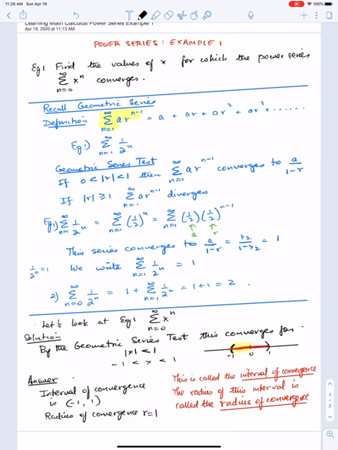It just came from the geometric series test. But the important thing is we learned a new phrase, interval of convergence. And what is that? It's where this power series will converge. And the radius of this interval is called the radius of convergence.